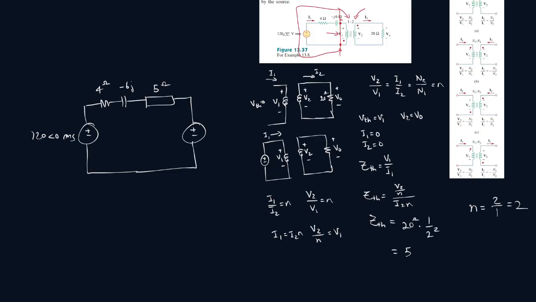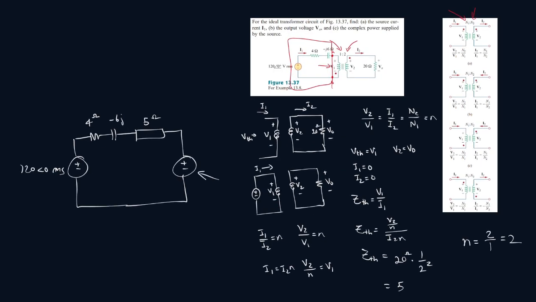This is supposed to be V1, because we see V Thevenin is equal to V1, but we know V1 is also equal to V2 over N.